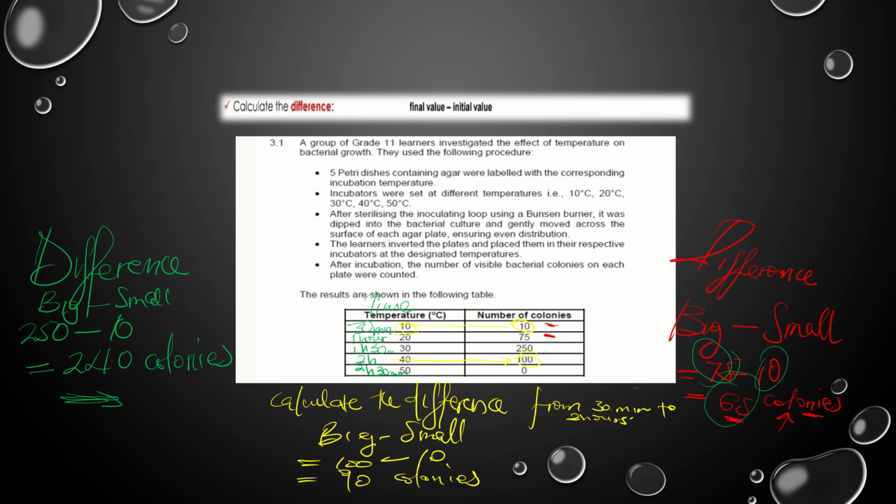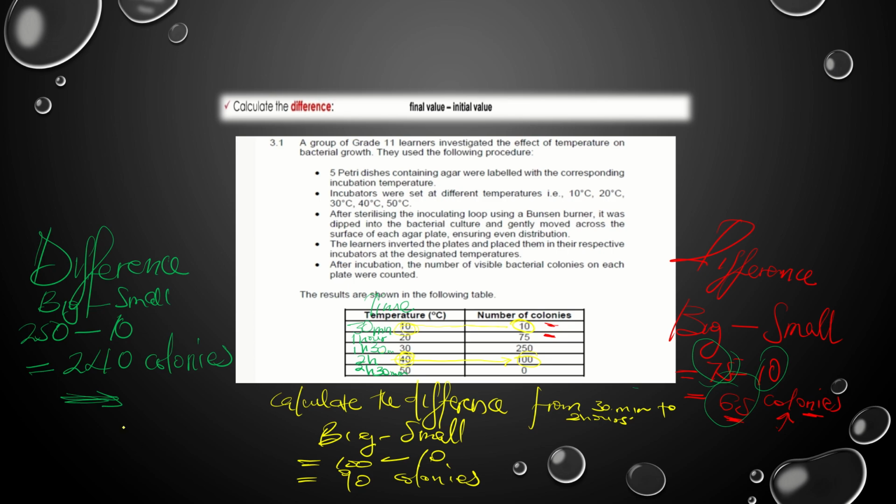Let's take 10 degrees to 40 degrees. You check the number of colonies. You do not say 40 minus 10. You say how many colonies were there, because we are checking the difference in terms of the number of colonies.